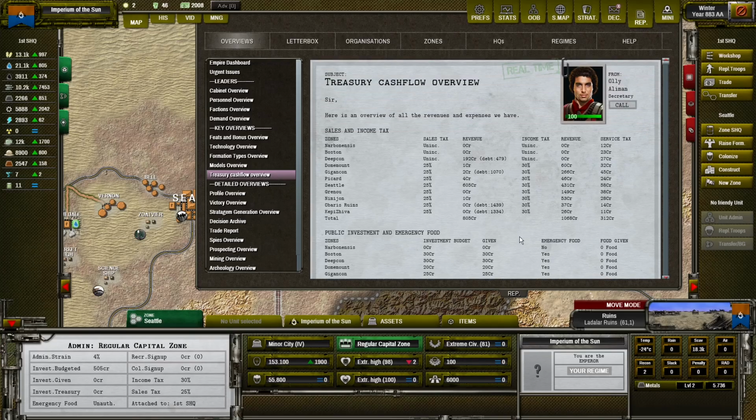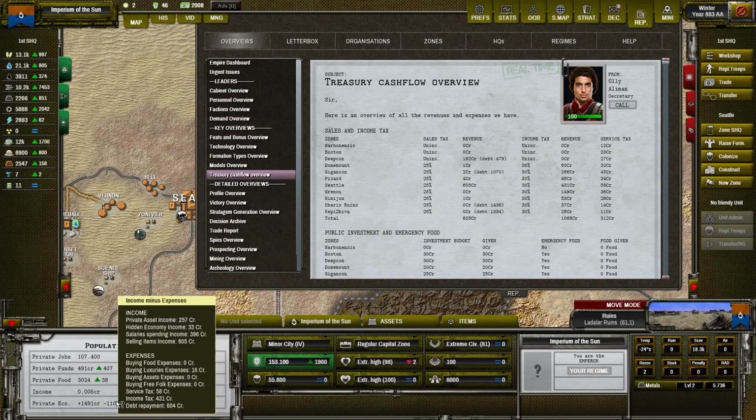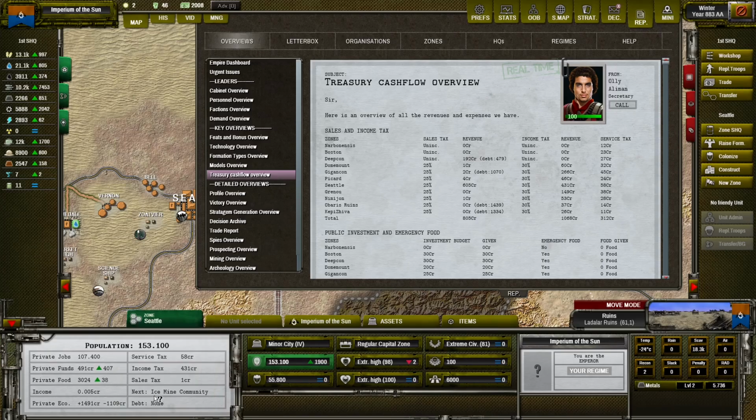And if we are on this screen, we can also see how much income we have from taxation, but be careful with increasing this number too high, because then you kill the private economy, because they will have higher expenses each turn because of the income tax, which means that they will have less money to spend on their projects. So it's up to you.